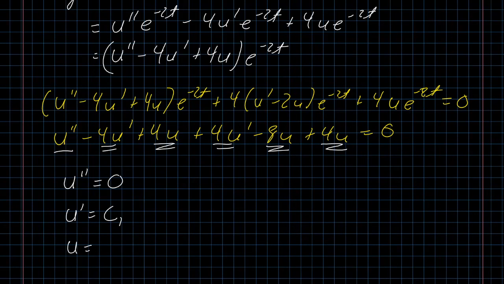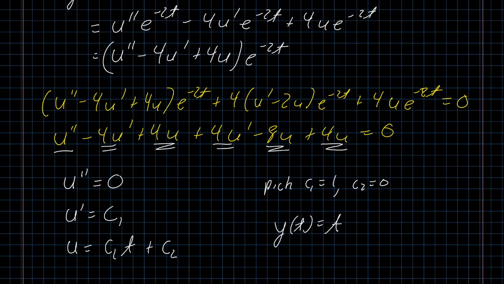And u itself is going to be C1 t + C2, some other constant, just directly integrating. And if we pick C1 = 1, C2 = 0, then we get the solution y(t) = t e^(-2t), which is the solution we used in the case of the repeated roots previously.